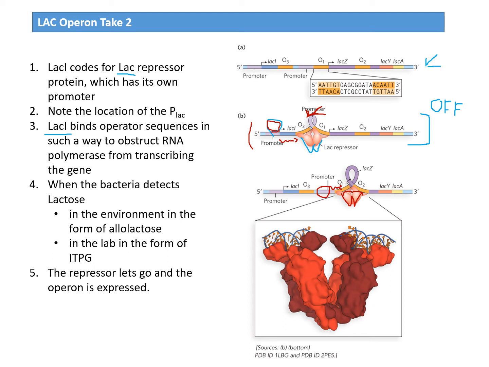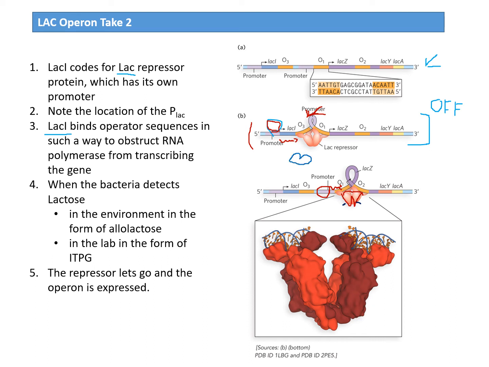But as soon as lactose is detected in the environment, let's put some lactose in here, then the repressor protein dissociates, which means it comes off. So now it'll be floating nearby. Here's our repressor protein.